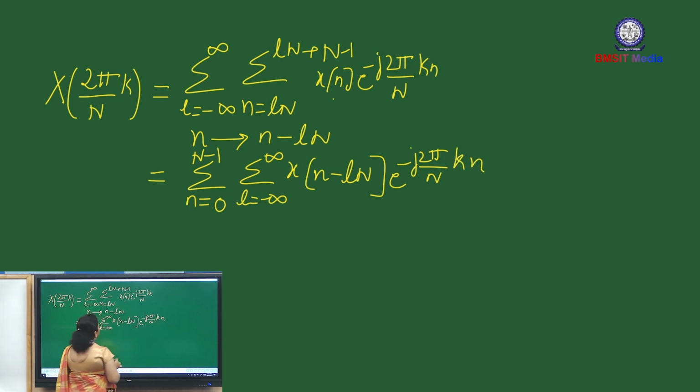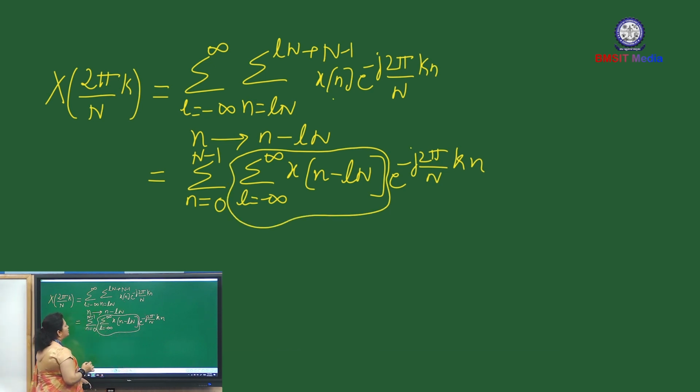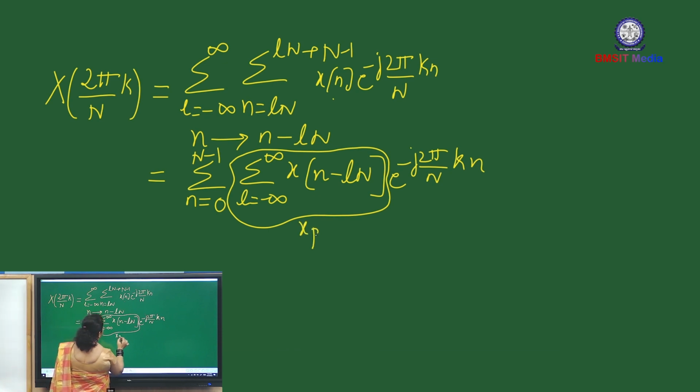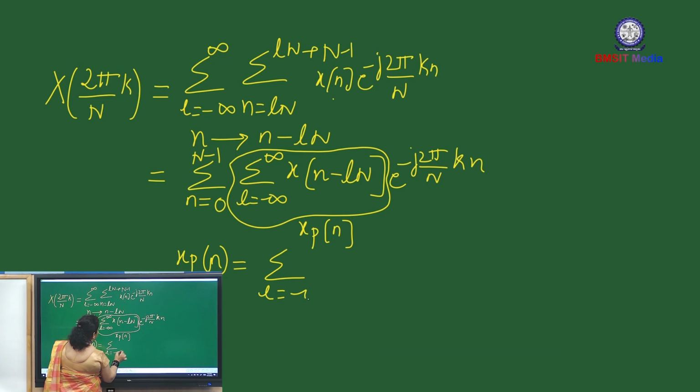Okay. Now in this you can observe one thing, which I am going to mark here. If you observe this, this indicates that this is the periodic extension of x of n. So let me call that as xp of n. So here I will write xp of n is the periodic extension of x of n, which is equal to summation of l varying from minus infinity to plus infinity x of n minus lN.